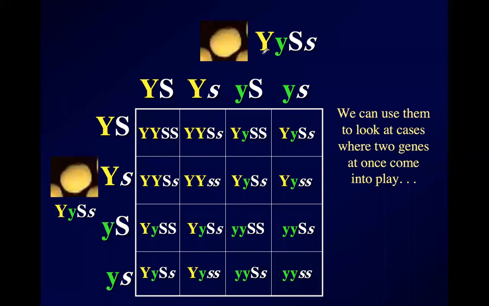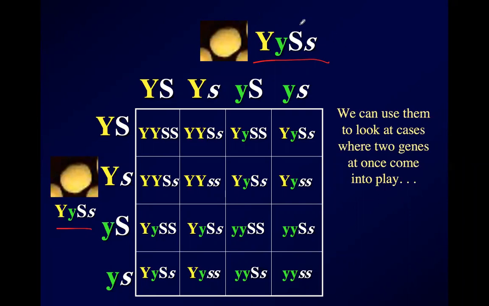So we've got up here at the top and at the left 2 pea plants with the genotype big Y, big S, little s. That's 2 genes. They're both heterozygous at both genes. The Y gene governs the color of the pea, with yellow being dominant to green.